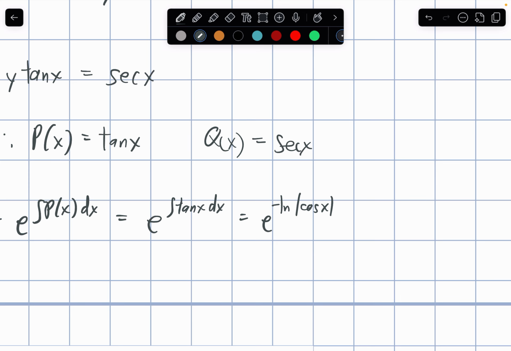Okay, I need to review the basic property. Integral of tan u du is equal to negative ln cosine u. Okay, we're correct so far. If instead we have cotangent x dx, that's equal to ln sine x.